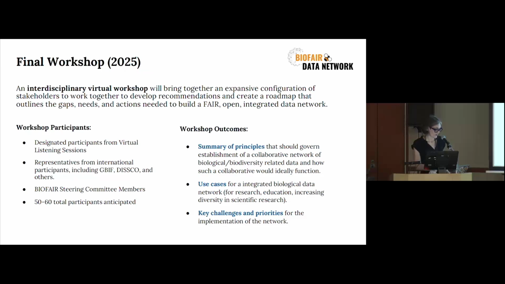The goal of this workshop is to bring together a more expansive, non-conventional configuration of potential user communities to work together to develop recommendations and create a roadmap that outlines the gaps, needs, and actions needed to build a fair, open, integrated biological and environmental data network. Discussions will address how the various representative communities work together to augment our initiatives with the ultimate vision of integrating data.